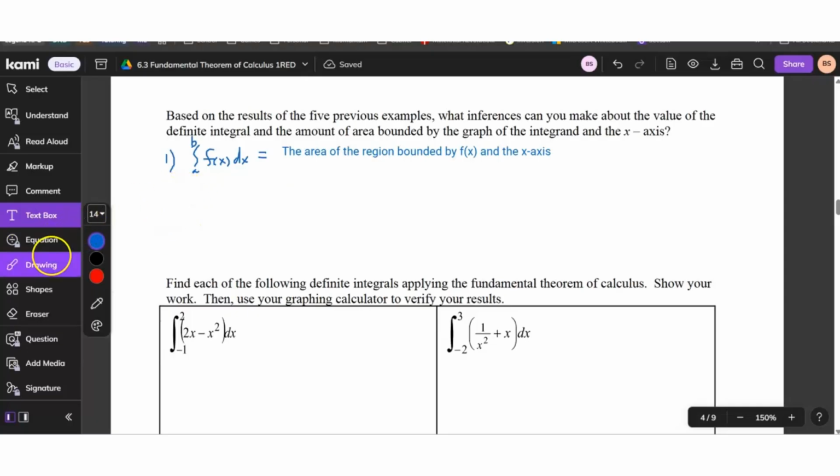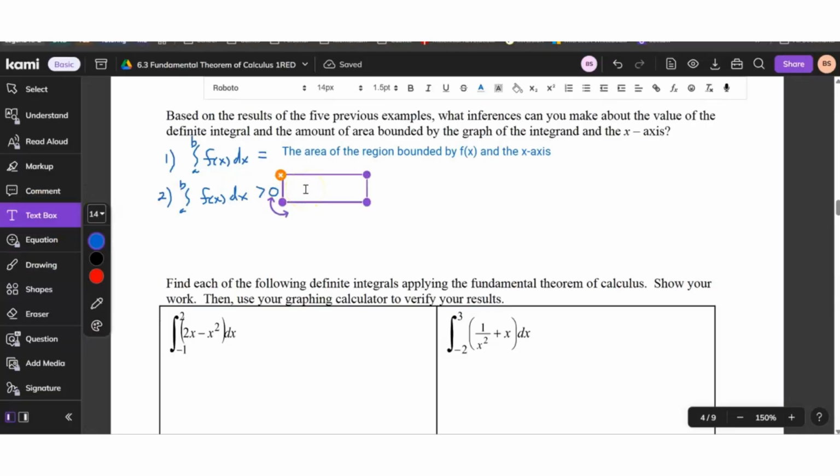Okay. What about if we have the integral from a to b of f of x dx, and it is greater than 0? Well, that would mean the region above the x-axis is larger than the area below, right?